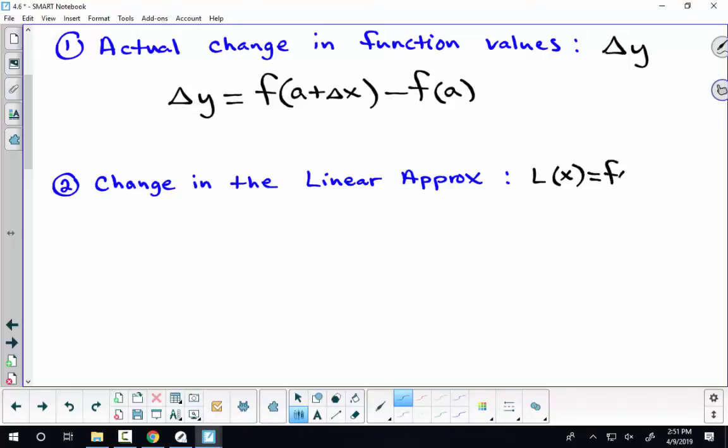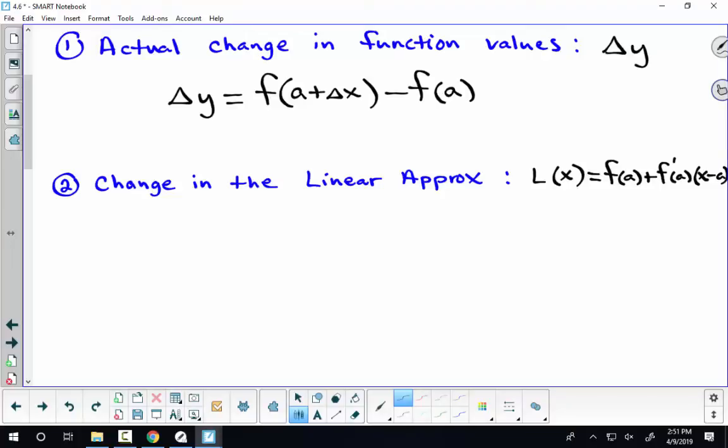L of x, I'll just write it out here to remind you: f of a plus f prime of a times x minus a. Remember, there's only one place we input the x, and that's at the tail end of x minus a.